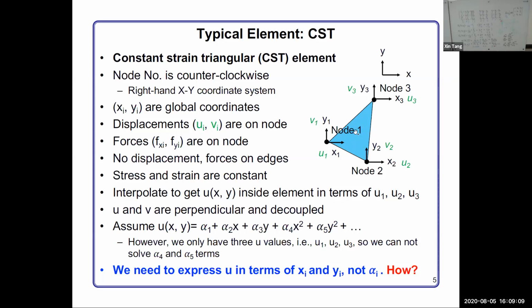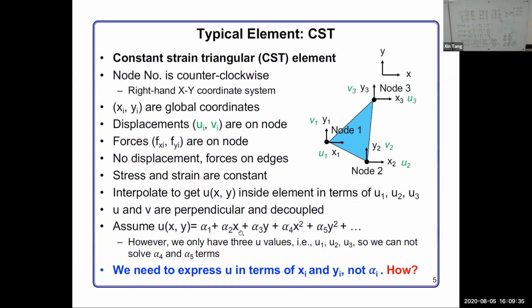Now, we have discussed using a polynomial equation to fit the displacement values at other points in the element other than on the nodes. And we discussed the reason why we use the 3-term polynomial to simulate the displacement field.